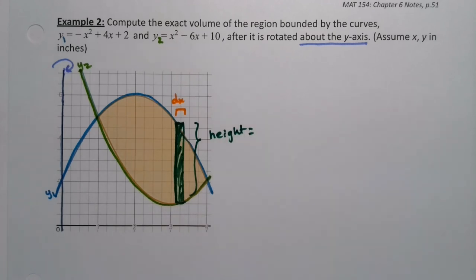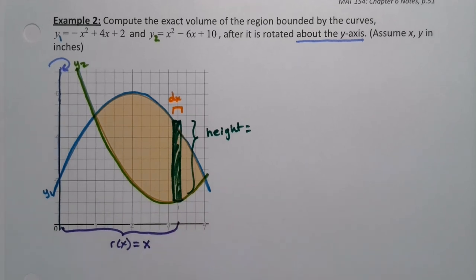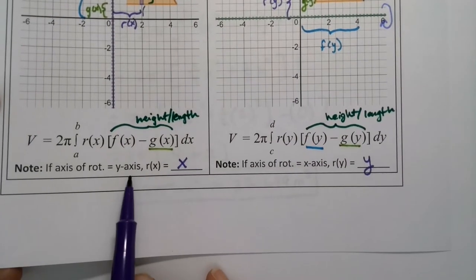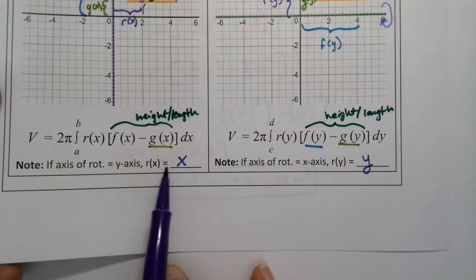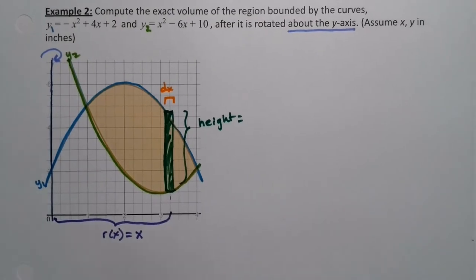The radius is the distance from the axis of rotation out to that rectangle. Since it's the y-axis, I actually know the radius. It's x. Again, we said a couple pages ago, if your axis of rotation is the y-axis, then your radius will be x. Easy peasy, right? Now you might think, what if it's not? Well, we'll get there. One thing at a time.